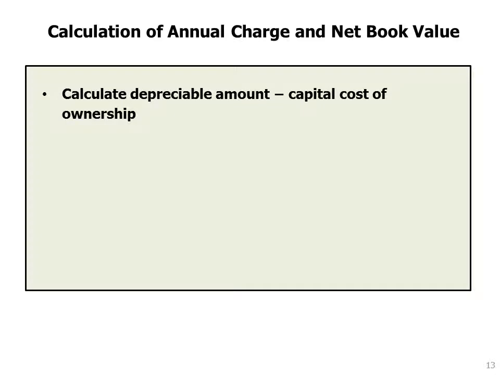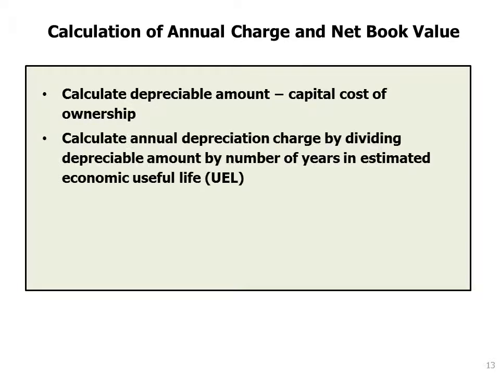So first thing to do is calculate the depreciable amount. This is the capital cost of ownership over its life. And then the second is to calculate the annual depreciation charge. And we do this by dividing the depreciable amount by the number of years of its estimated useful economic life.